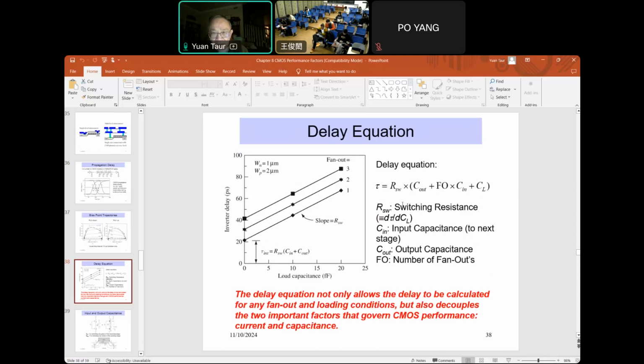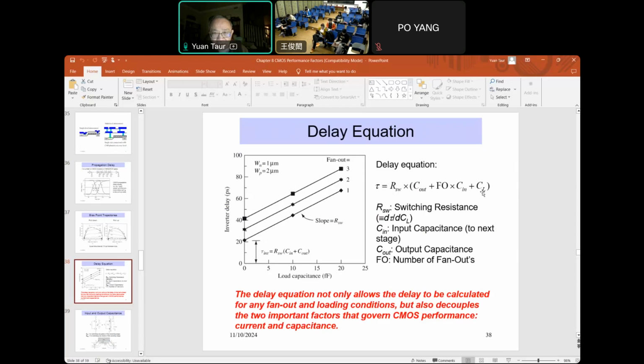Okay, R switch is the slope. That was the slope of delay versus load capacitance CL. So this is like the V over I factor. Right? So R switch, MOSFET current goes into R switch, and all the rest go into capacitance.